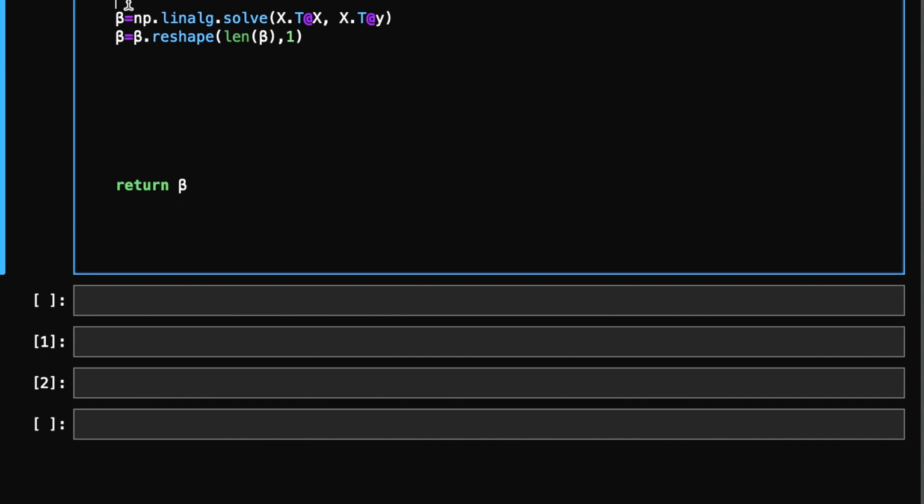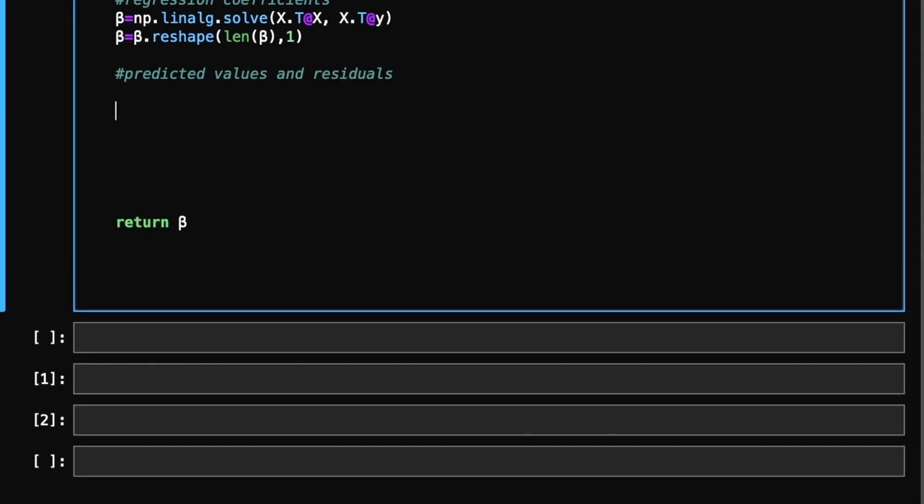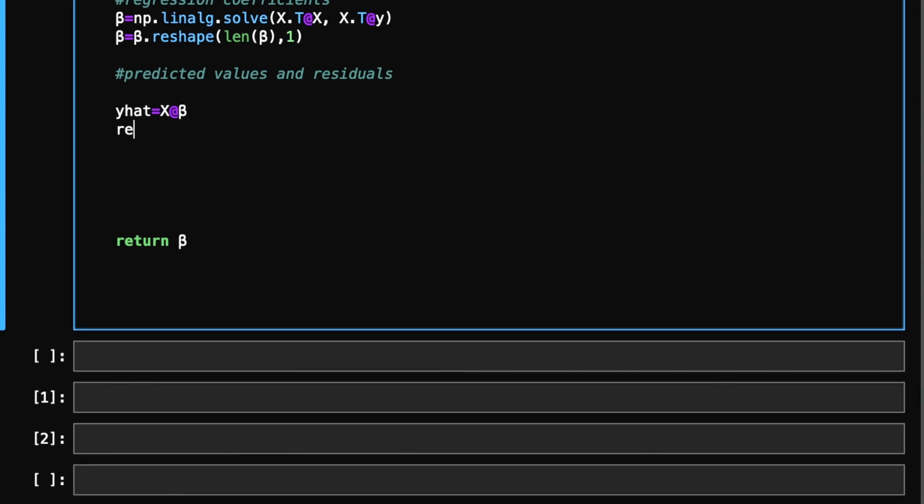So now this is our regression coefficients, and now we are going to get the predicted values and residuals because we need this. y hat is the predicted values, which is just the matrix multiplication of x and the beta matrix, and then residuals is just the difference between y and y hat.